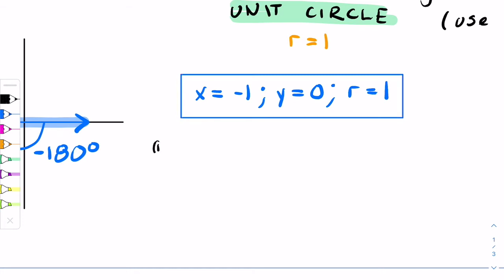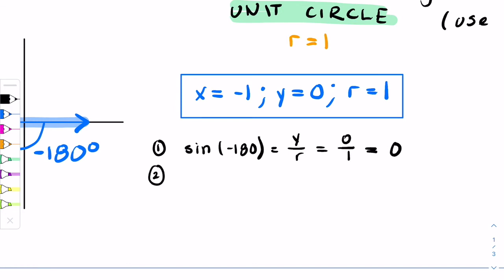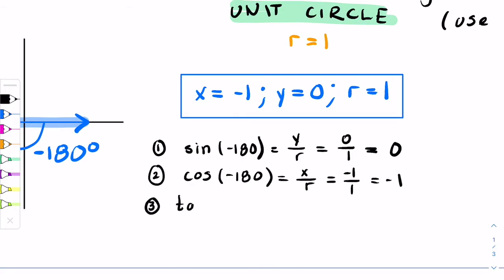We're using the same values that we learned in the last lesson. So the first value is sine of negative 180, which is found by your y value over your r value, or 0 over 1, which is 0. The second value is cosine of negative 180, which is x over r, and that would be negative 1 over 1, which is negative 1. The next value is tangent of negative 180, which is y over x.